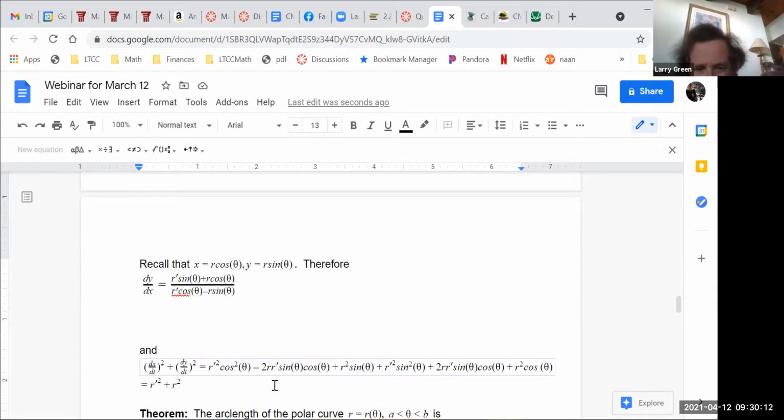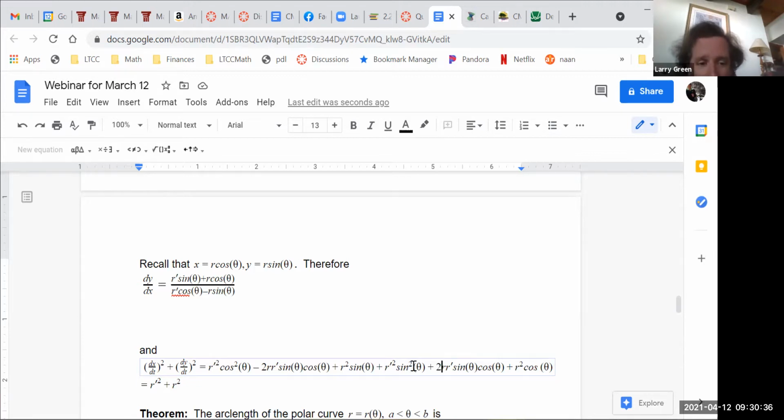All right, well, now let's take a look. If you look at the r primes, those go away. We have a minus 2 r prime sine theta cosine theta, and we have plus 2 r prime sine theta cosine theta. So those are gone. If we look at the r prime squared, you get an r prime squared cosine squared plus r prime squared sine squared.